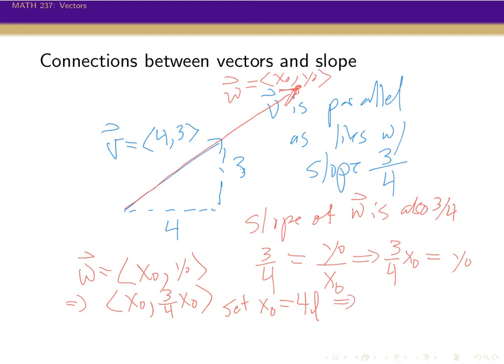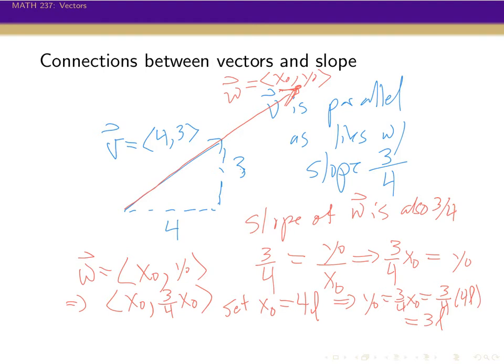Then what's y naught going to be? Well, y naught is 3/4 x naught. If we replace x naught with 4L, we have 3/4 times 4L, and the 4's cancel. We're going to have 3L.